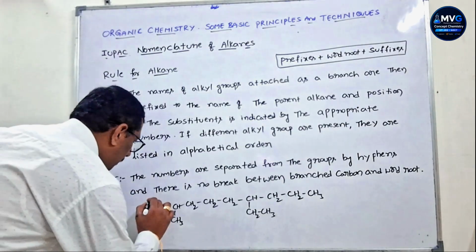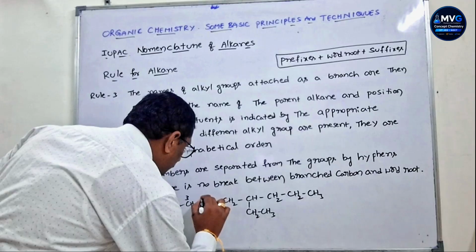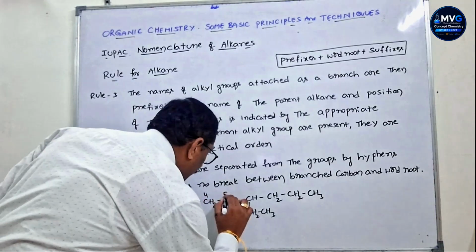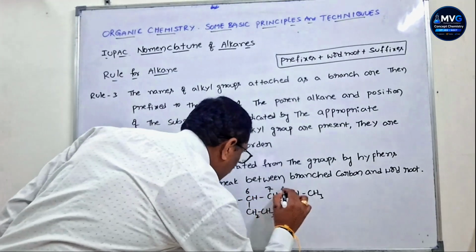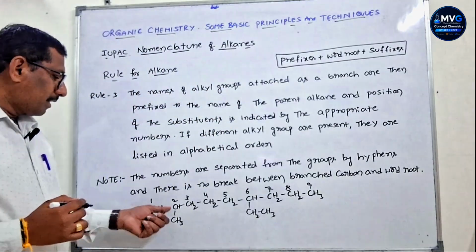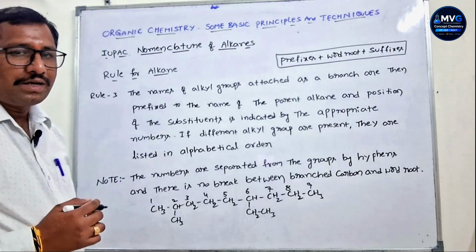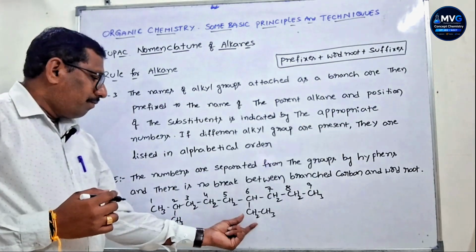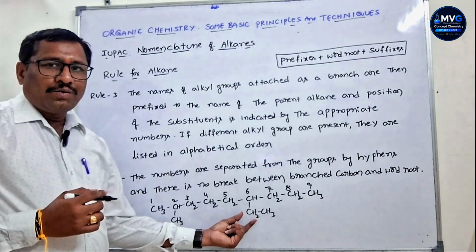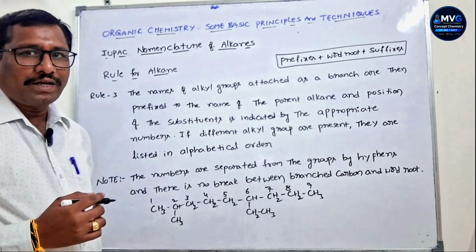Now in this direction, substituents are getting the lowest possible number: 1, 2, 3, 4, 5, 6, 7, 8, 9. In this direction, a second position substituent is there, a sixth position substituent is there. Now these methyl and ethyl groups are not included in the carbon chain, students; these are the prefixes. Before the root word we should write them.